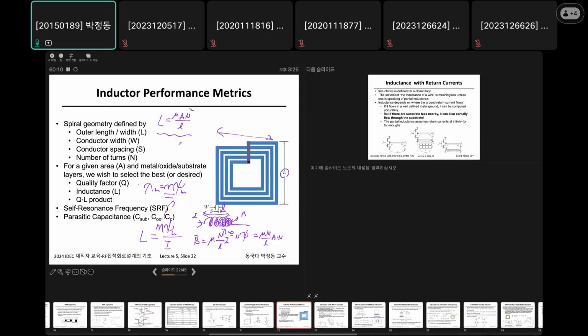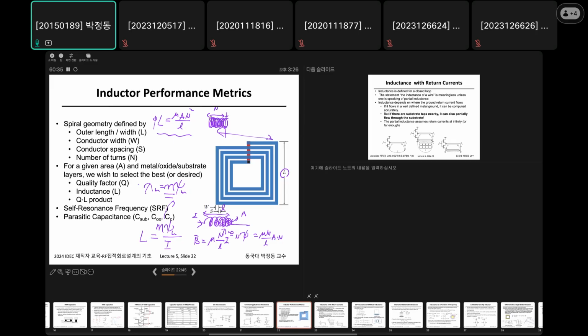So in order for us to increase the inductance, we have to make a very dense coil with a high area, right? And we should increase the number of windings.